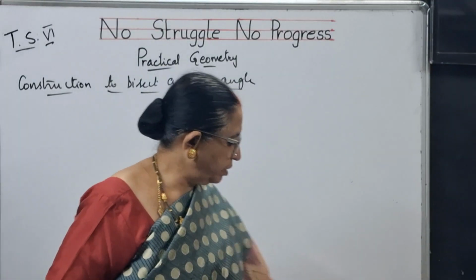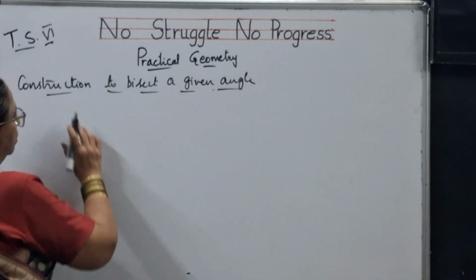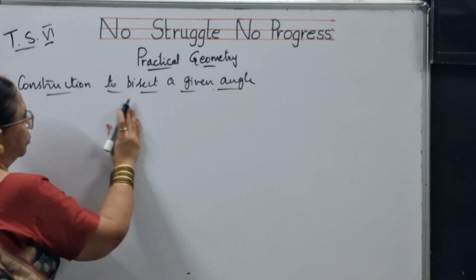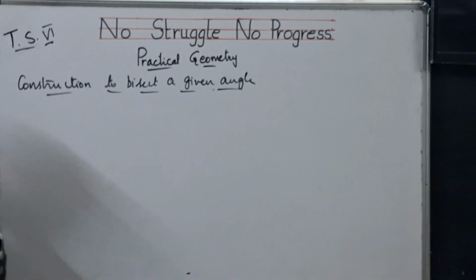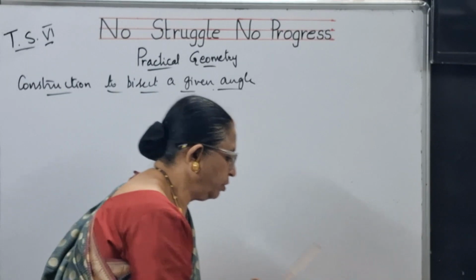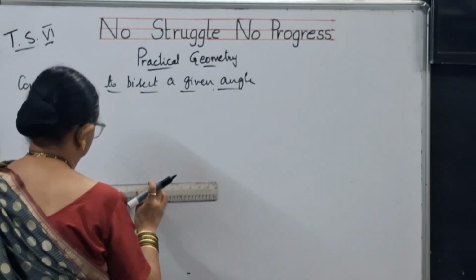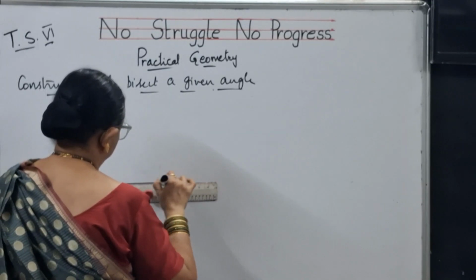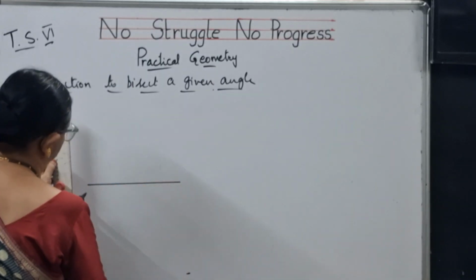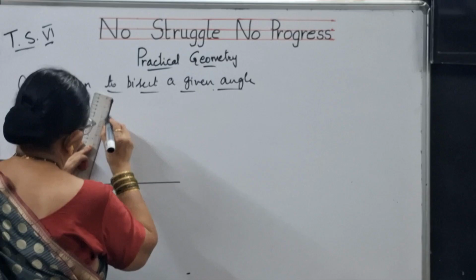Now the next part is to construct a bisector, or to bisect a given angle. An angle is given to you. How will you bisect that angle? Suppose this is the angle given.